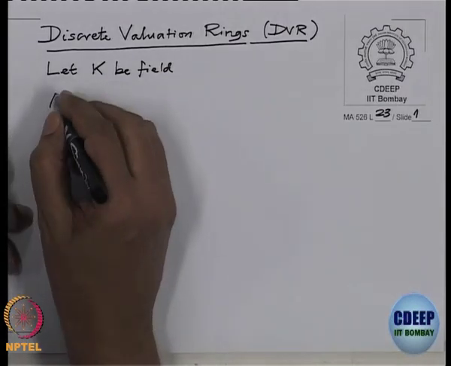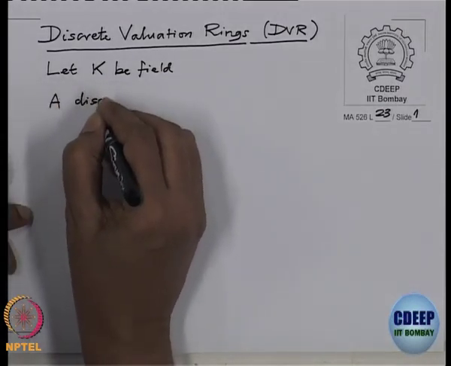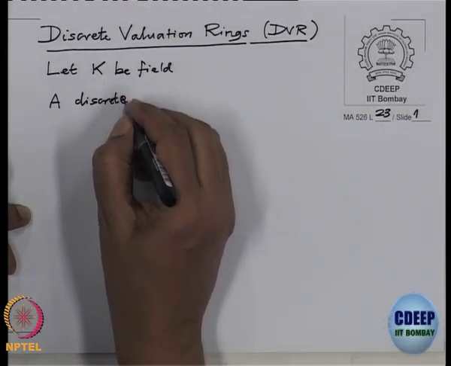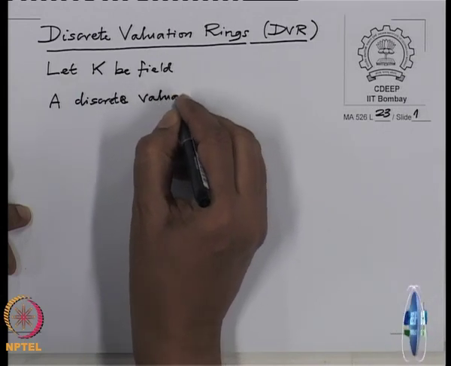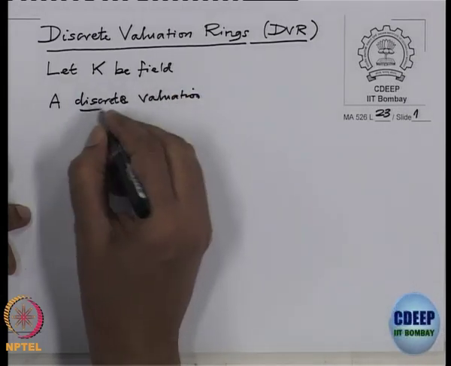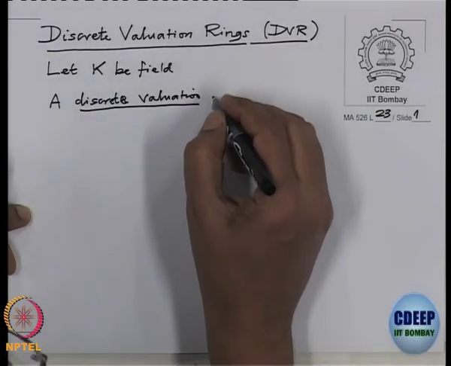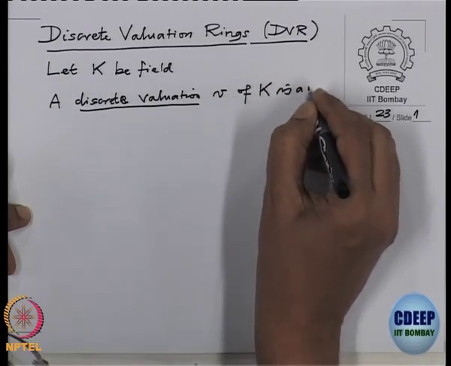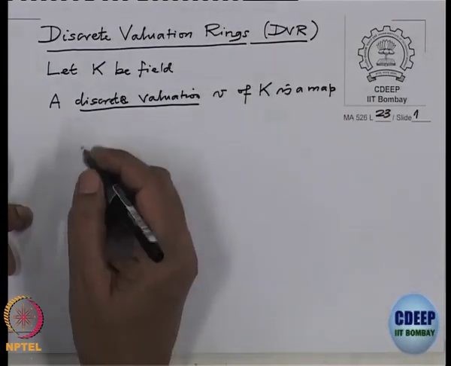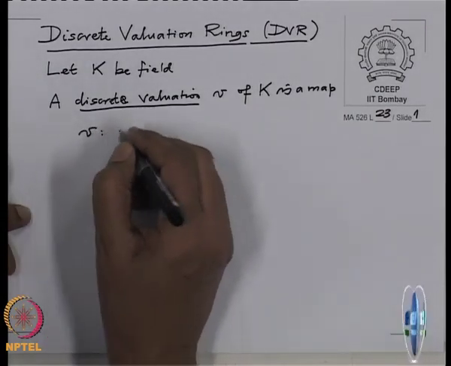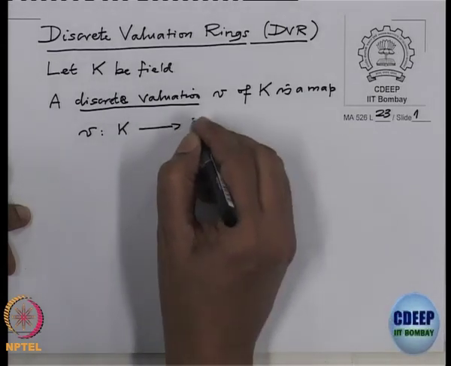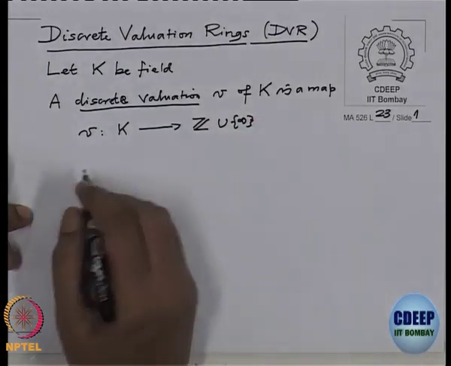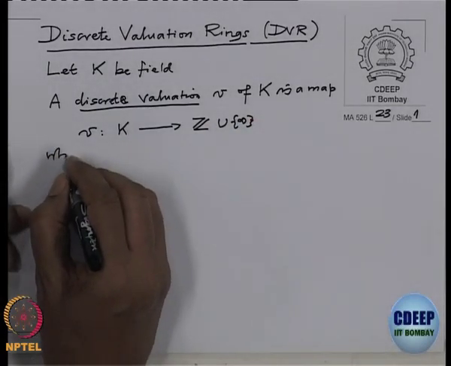K be a field. And a discrete valuation V of K is a map V from K to Z union infinity, which satisfies the following three properties.